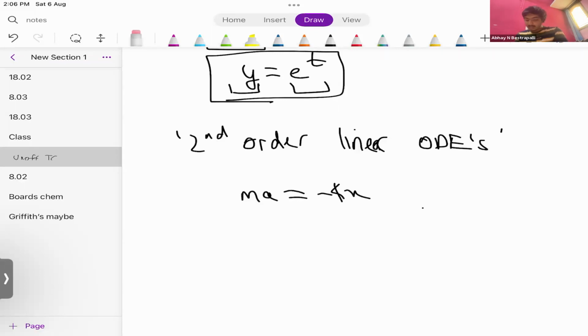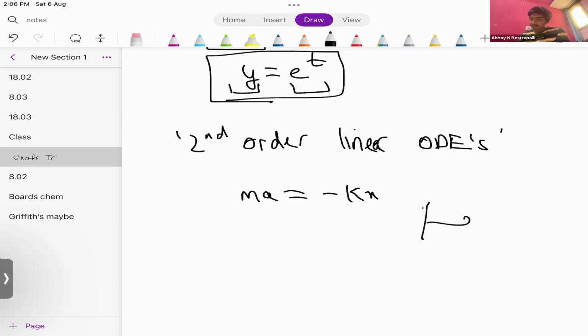Force is equal to minus kx. If you've not seen this, minus kx is the formula for the spring force. If the spring is 2 units away from the mean position, the force pulling it back is 2k, in the opposite direction, so it's minus.